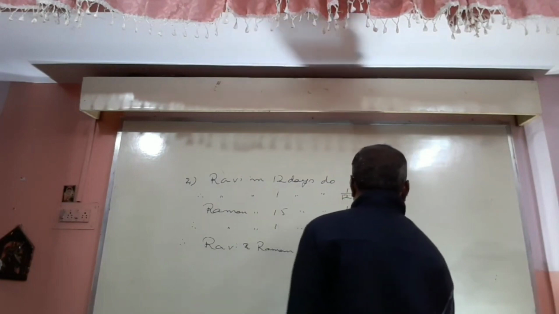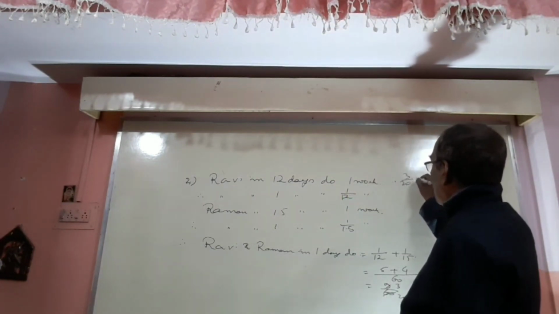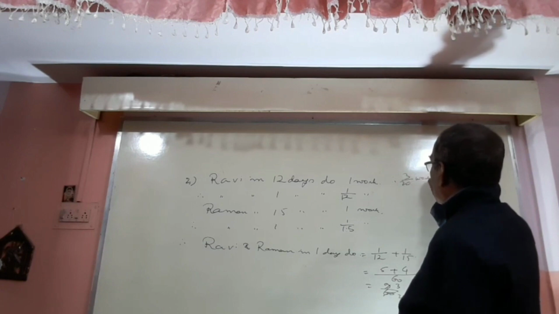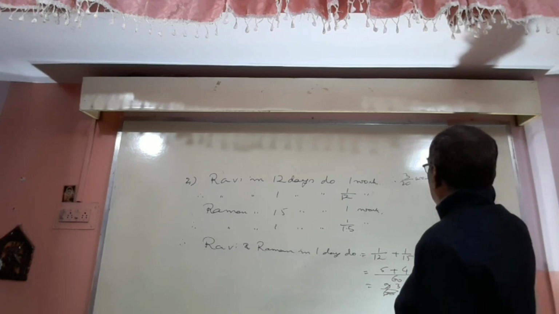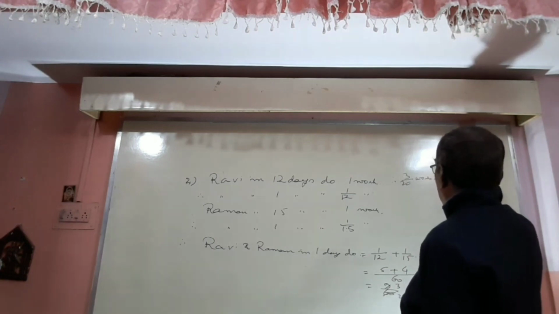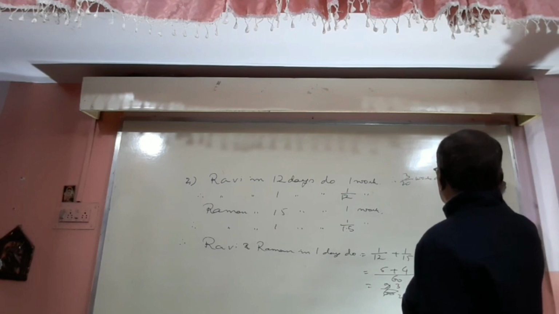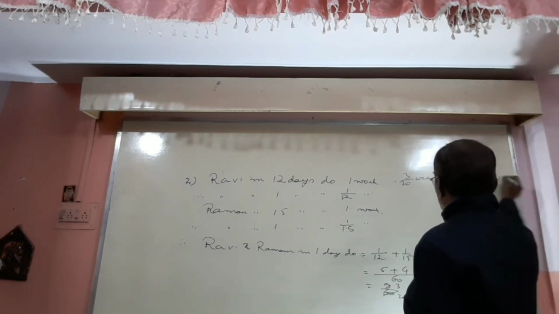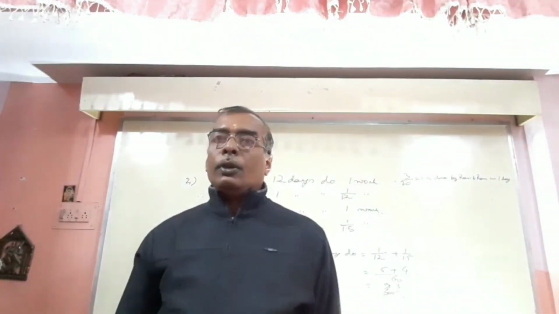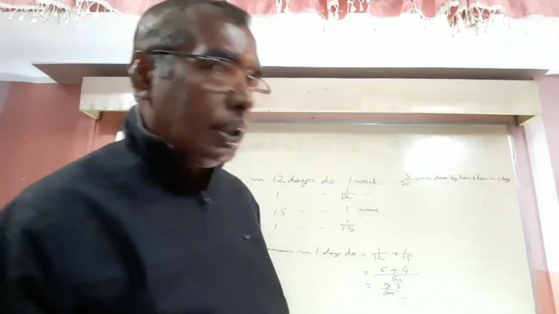Therefore you can say that 3 by 20 work is done by Ravi and Raman in 1 day. Please try to understand, this is a very important step. 3 by 20 work is done by Ravi and Raman in 1 day.